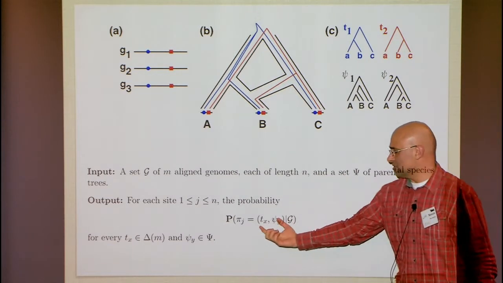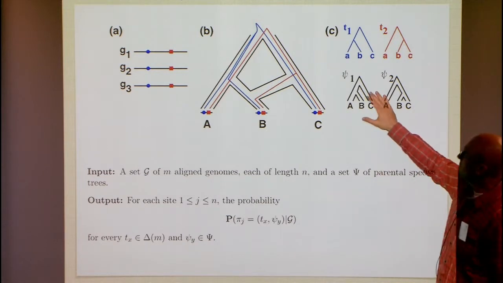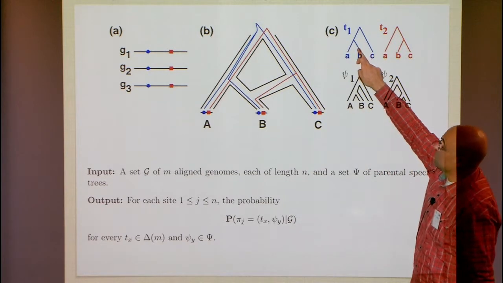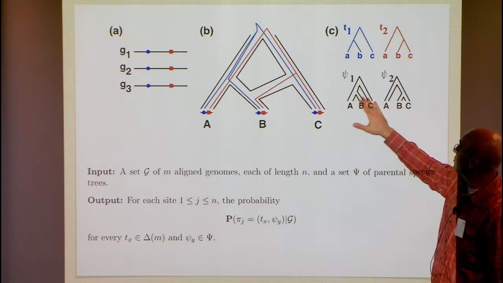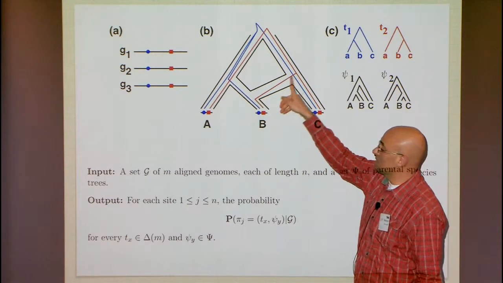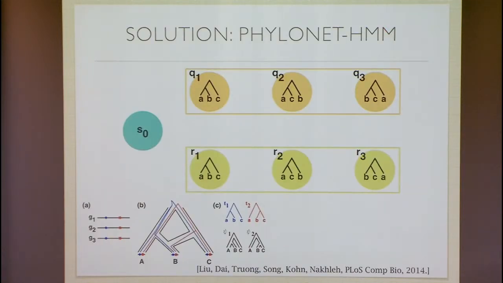Because once I do this, then I can basically threshold this or do whatever I want with it, so that I say that, okay, I believe that the first site evolved down this local genealogy inside this tree, so it's not involved in hybridization, or down this genealogy and down this tree, which basically says it is involved in hybridization. And our approach to this is to combine hidden Markov models with these phylogenetic networks.